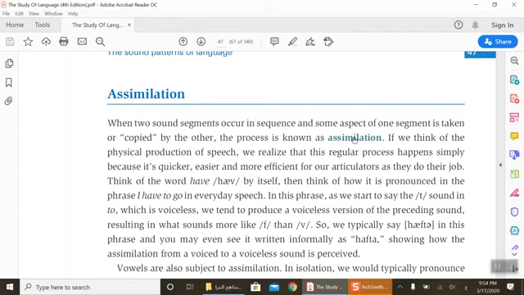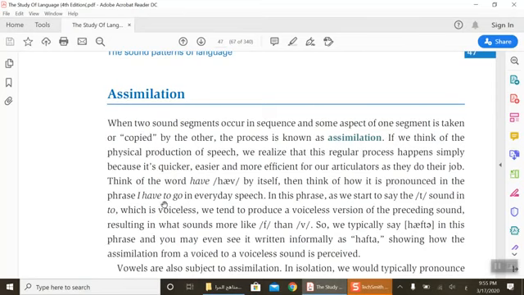So this is assimilation. If we think of the physical production of speech, we realize that this regular process happens simply because it is quicker, easier, and more efficient for our articulators as they do their job. For example, think of the word have by itself, have. Then think of it as it is pronounced in the phrase I have to go.